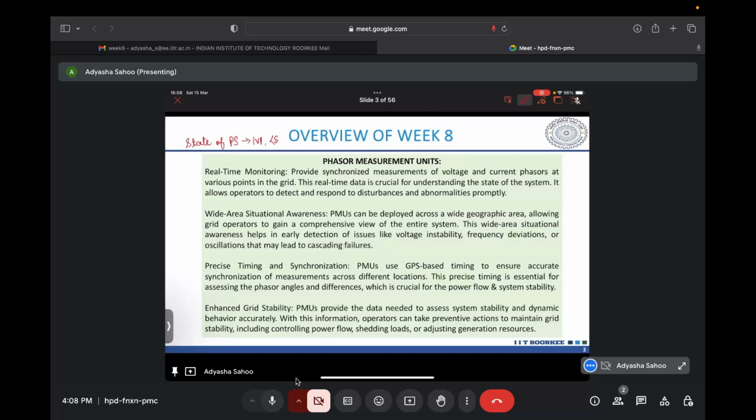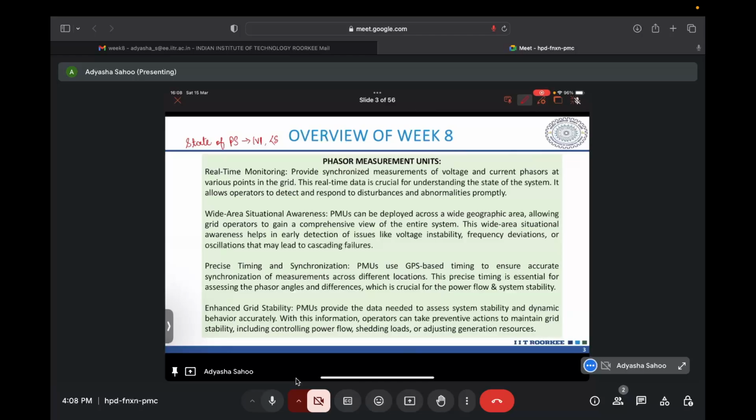These are the starting points for those studies. So, by understanding the state of the system, the operators can detect the disturbances in the system, and then they can also take control actions or respond to these disturbances to avoid grid instability.